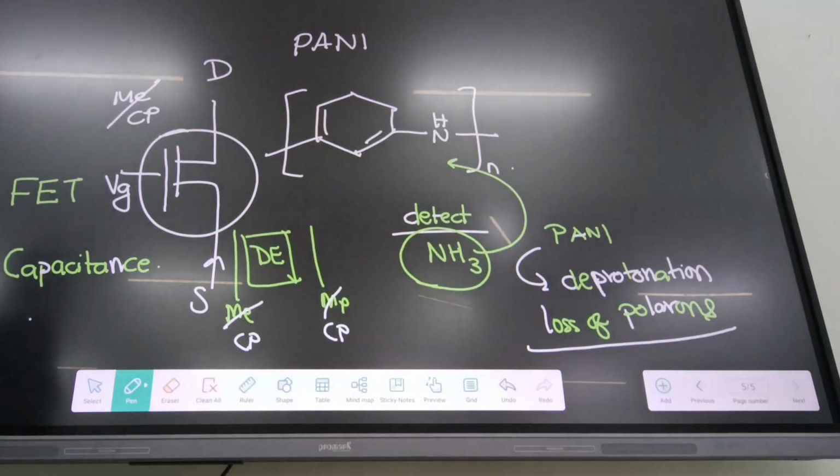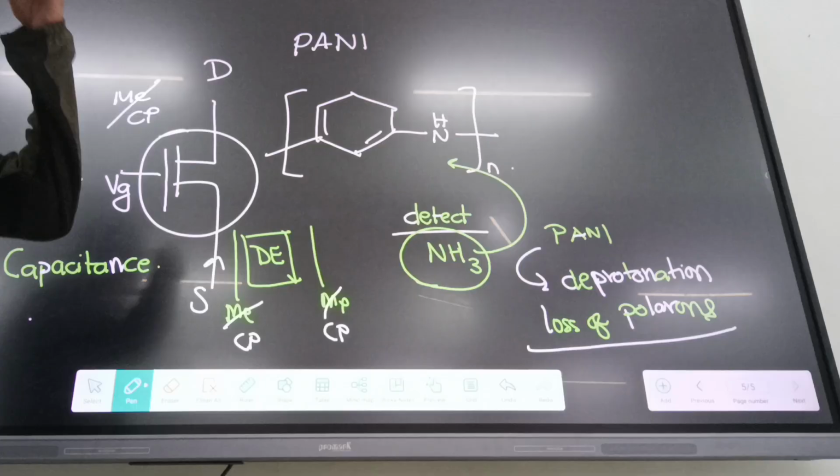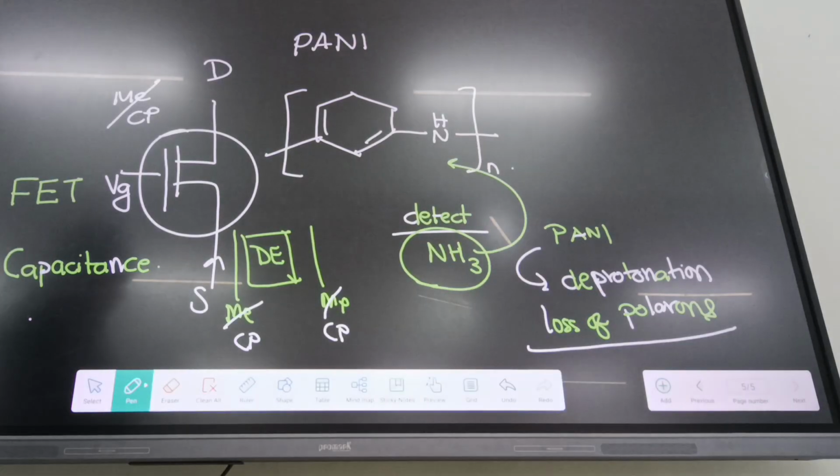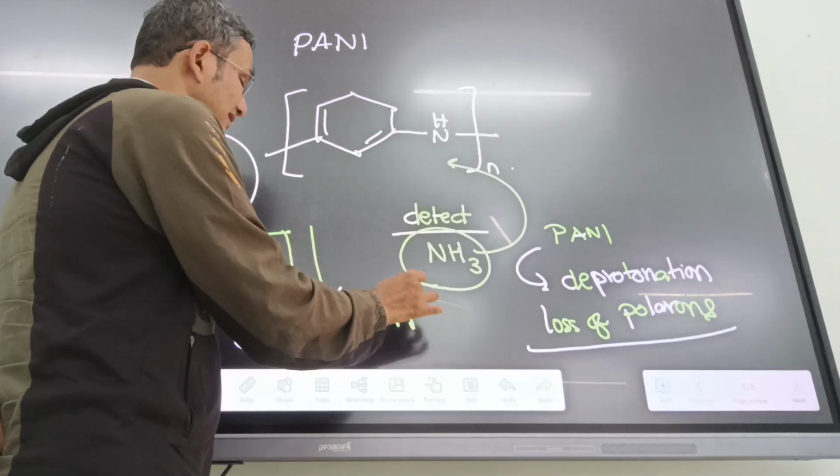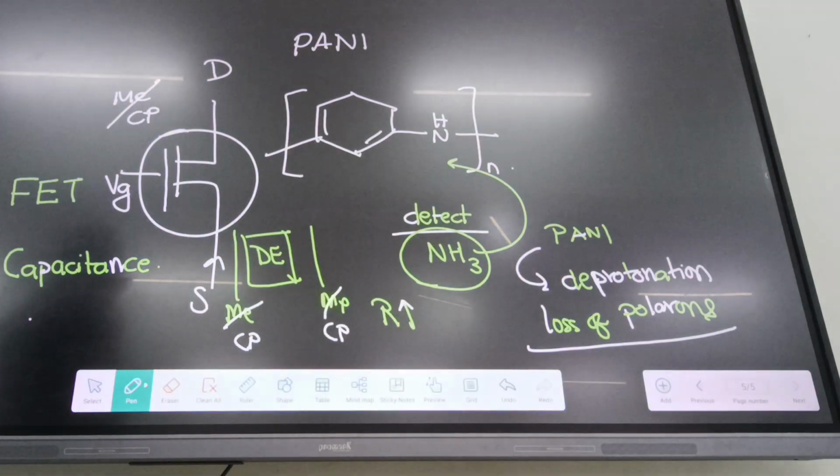There is a loss of charge. So if there is a loss of charge through deprotonation, automatically the current will be hampered. So there is a change in the resistance, it increases.